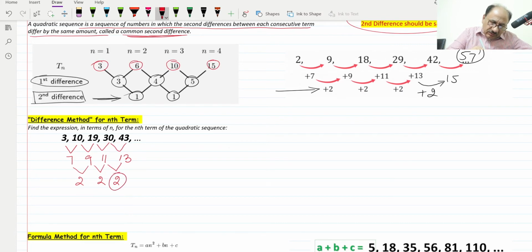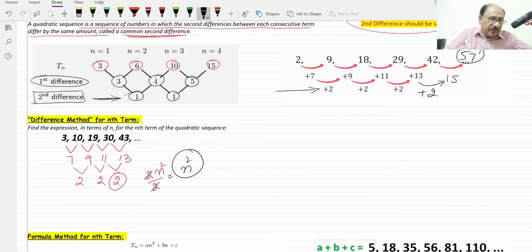Now whatever this second difference is, in this case it is 2, so we write n squared and always divide by 2. So we will take half of this second order difference. In this case it will be cancelled, so after cancellation we will get n squared.